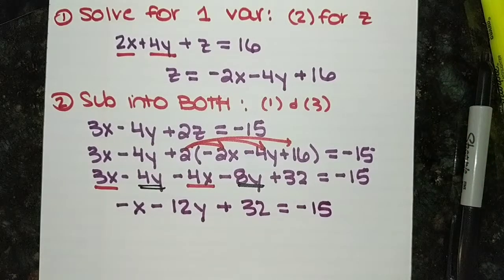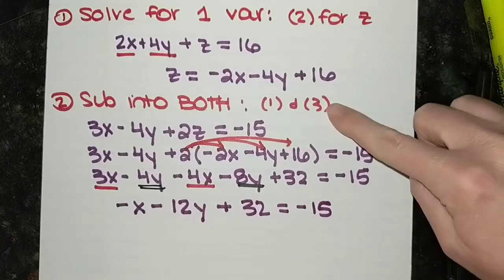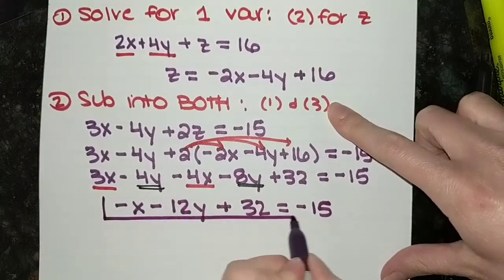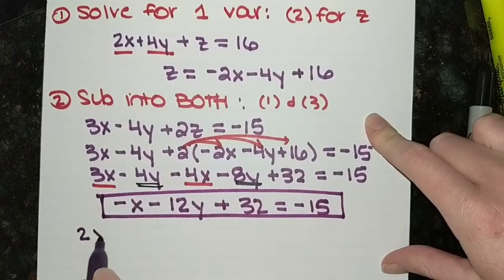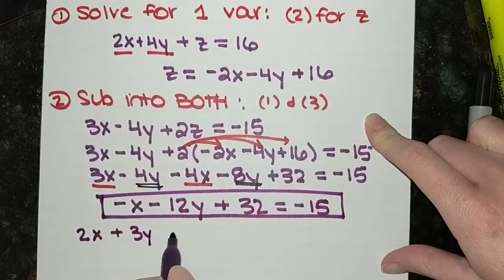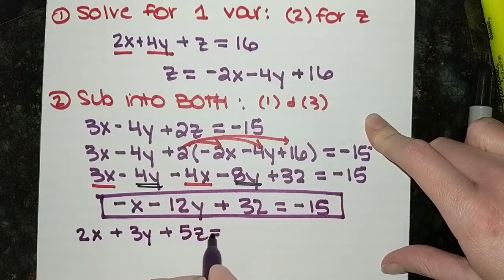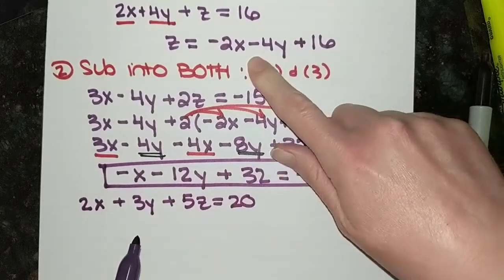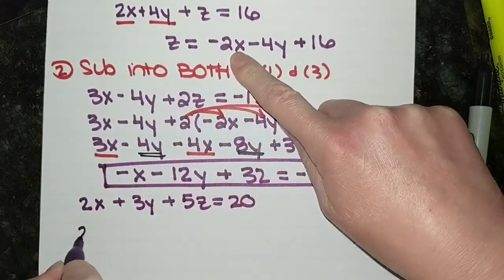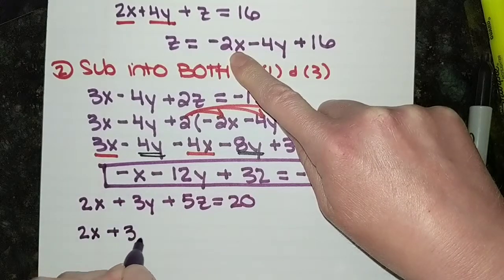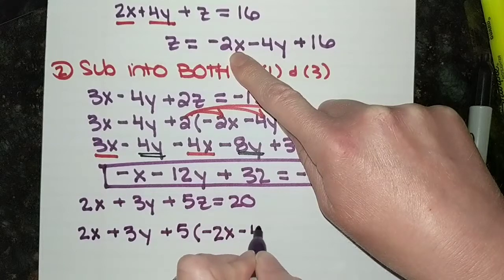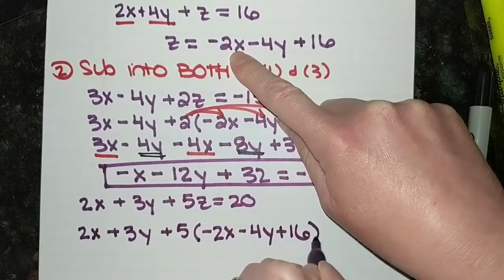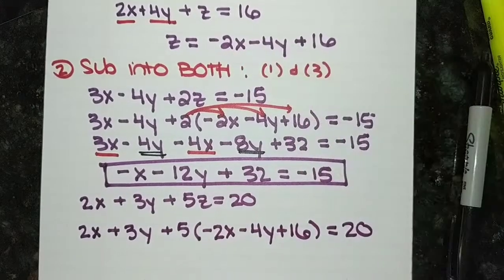And then we're going to sub into equation 3 the other z equals. So into equation 3 you get 2x plus 3y plus 5z is equal to 20, and we're going to sub in this z expression. So you'll have 2x plus 3y plus 5 times negative 2x minus 4y plus 16 is equal to 20.